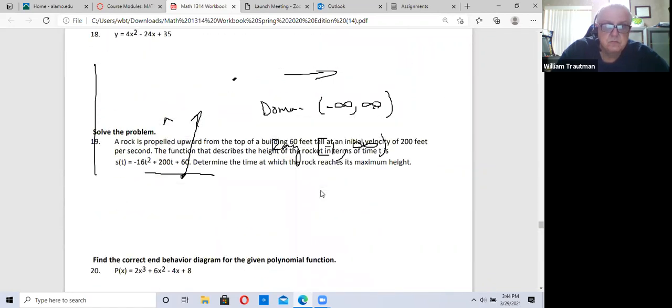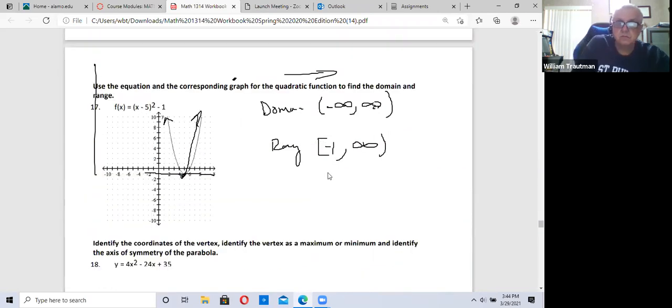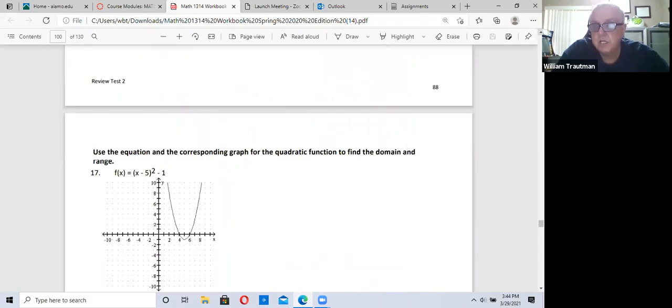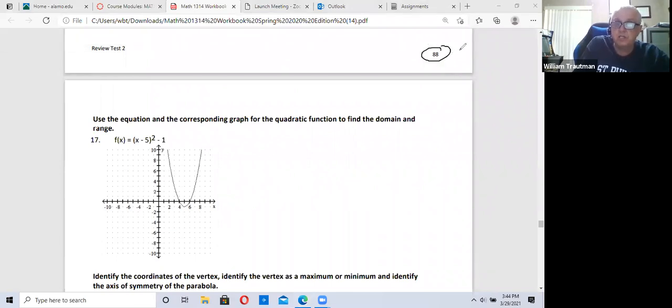And the review is near the end of the workbook. I'm on page 88, right up here in the upper left-hand corner, lower right-hand corner, page 88 of the workbook.